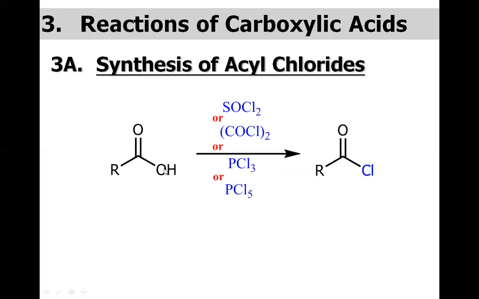The reagents that are used to convert the carboxylic acid into the acyl chlorides are thionyl chloride, oxalyl chloride, phosphorus trichloride, or phosphorus pentachloride. So we may use any of these four reagents to have the acid chloride formation.